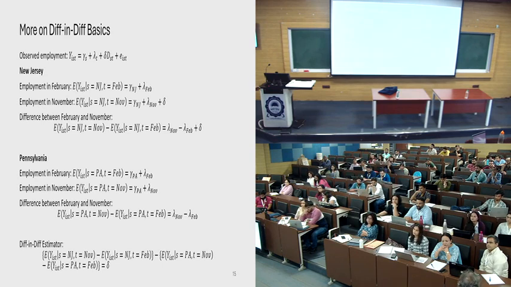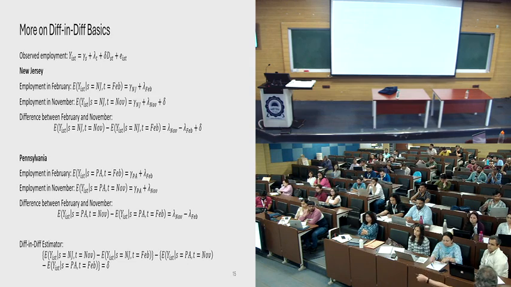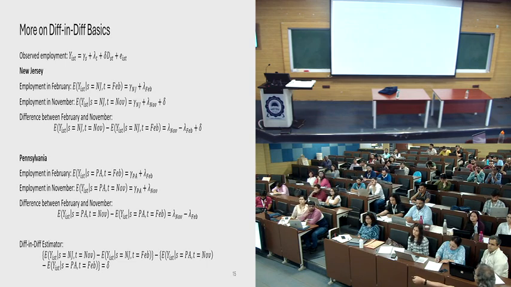Then I compare Rajasthan, before policy, after policy. Rajasthan does not go through any changes except the fact that the employment or the productivity can differ because of something else, which is lambda November minus lambda February. There you see lambda November minus lambda February plus delta.